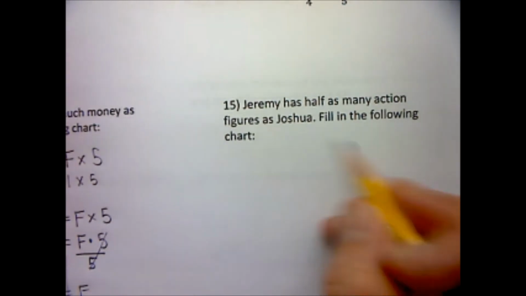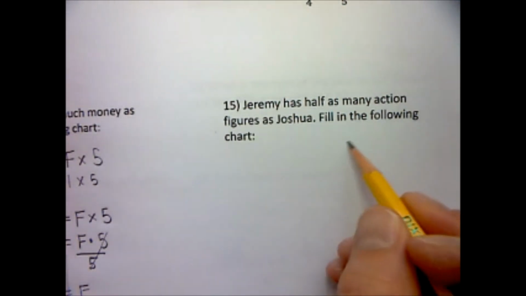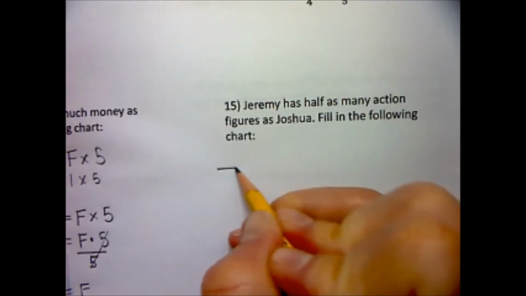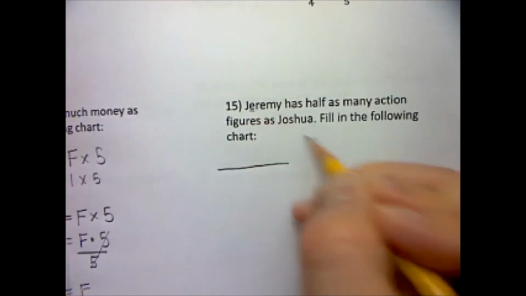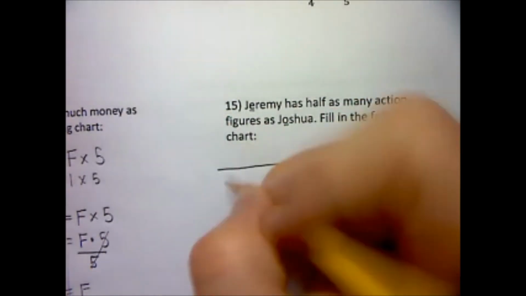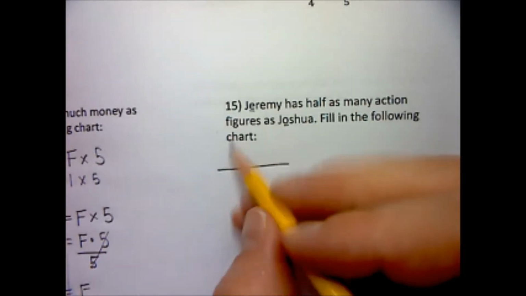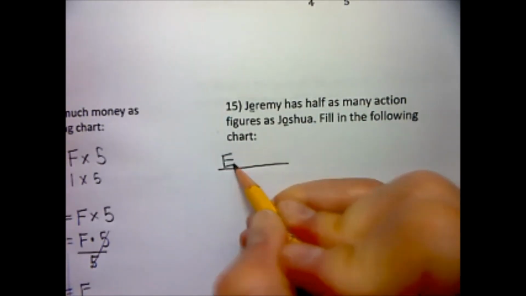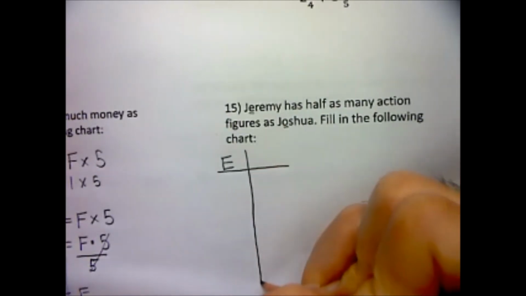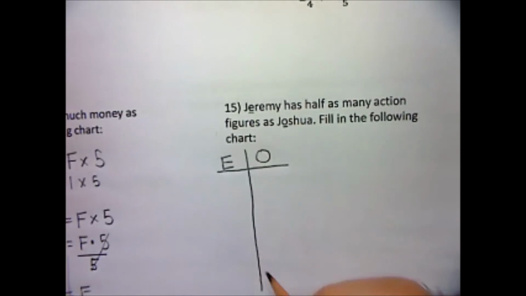Alright, Jeremy has half as many action figures as Joshua. Fill in the following chart. So we'll call this by the second letter of their name, since it's both J. Jeremy has half as many, so however many Jeremy has will be half the amount as Joshua.